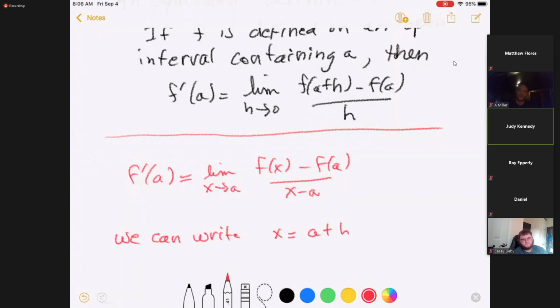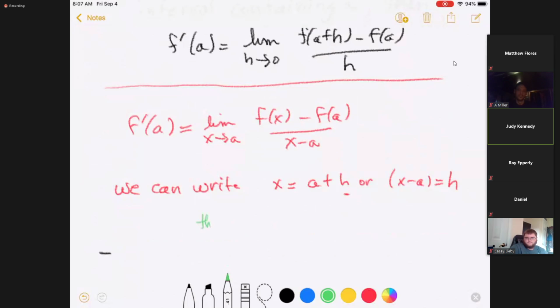So in other words, x minus a is equal to h. And if you're thinking about x approaching a, that means x is close to a. And if you could see my fingers, I made air quotes. X is close to a. So this number h is small. You're thinking of this h as being small.